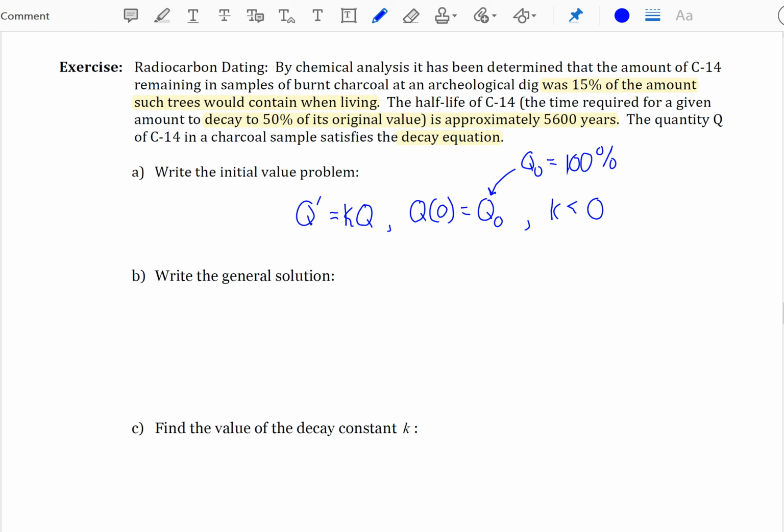This allows us to write our general solution, Q of t, as either Q naught e to the kt, or if you want to, write it as 100% e to the kt. But this would be your general solution.